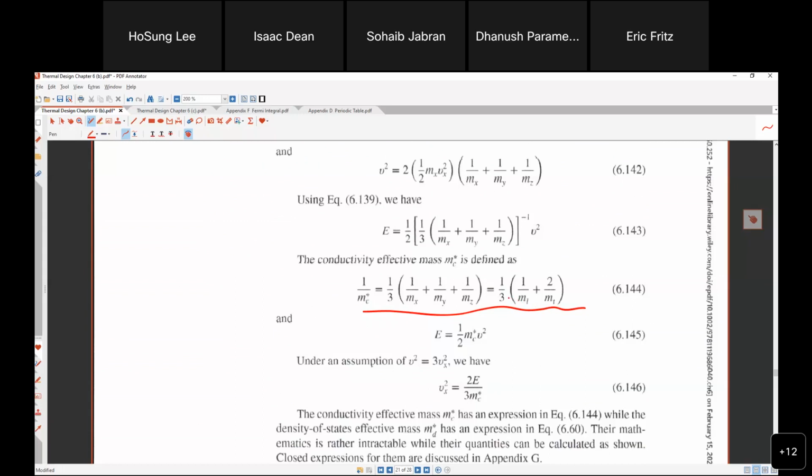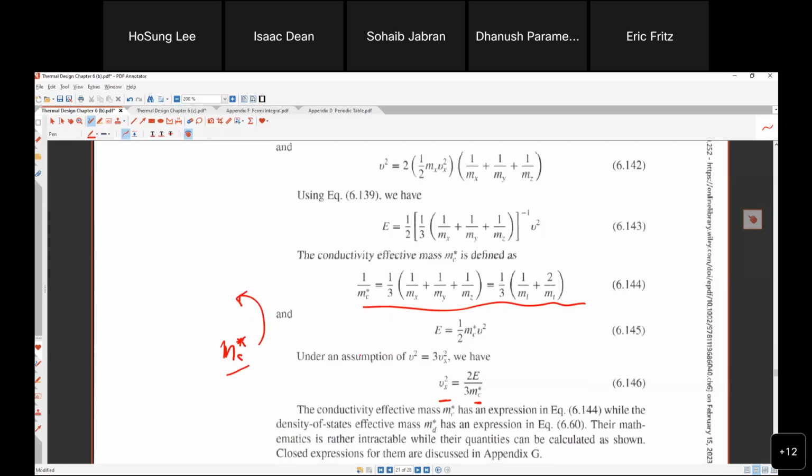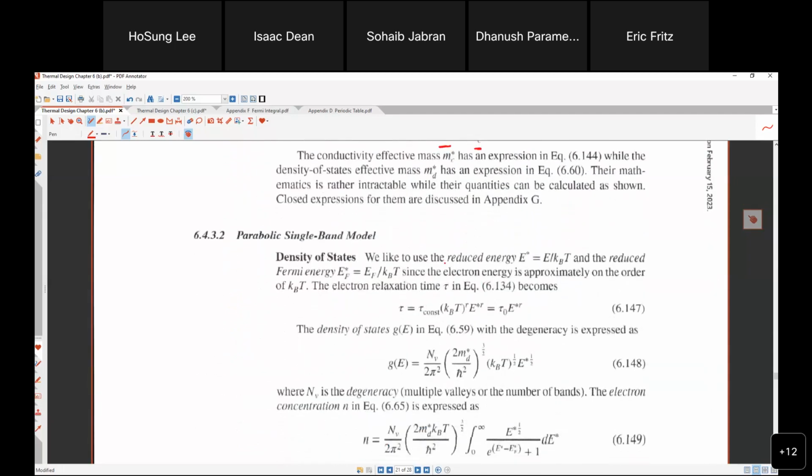So you can raise a question. It comes up with the velocity. Actually, the velocity of the electron is related to this m_c, the conductive effective mass. We assumed otherwise previously, but now I will talk about that later.